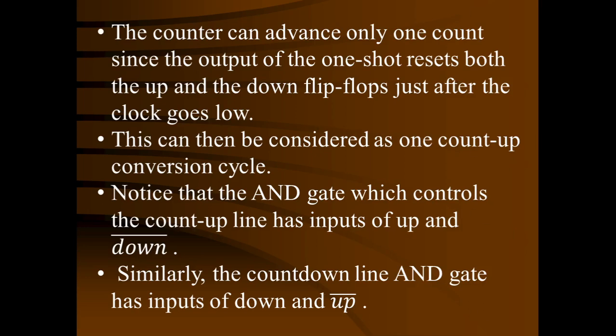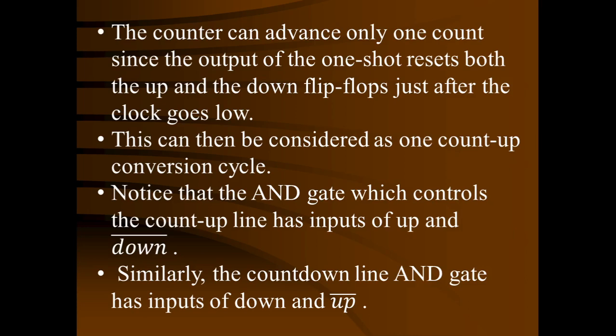The counter can advance only one count since the output of the one shot resets both the up and down flip-flops just after the clock goes low. So the first clock edge will pass through the AND gate and set the up flip-flop, but simultaneously it will give a trigger to the one shot or monostable, which produces one positive pulse.